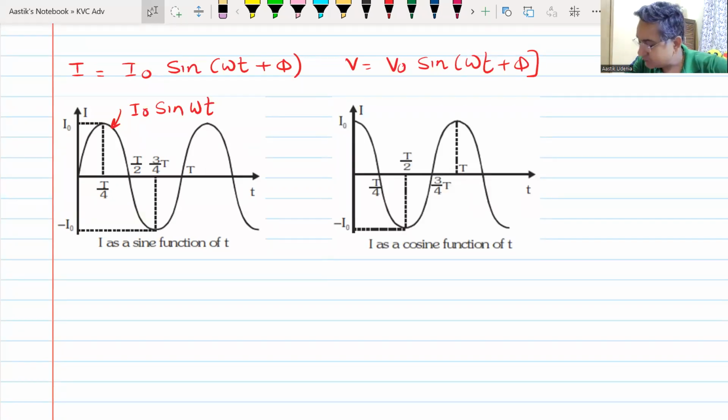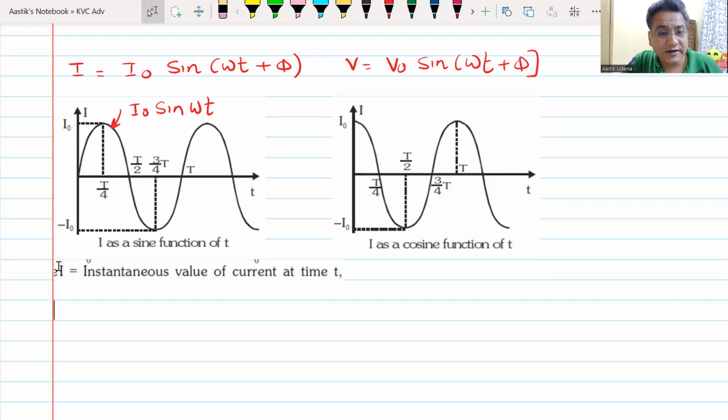Now, what is the meaning of the terms here? What is the meaning of I? Correct. I means the instantaneous value of current at any time. At 5 seconds, what is the value of current? At 10 seconds, what is the value of current? And so on. What is I naught?